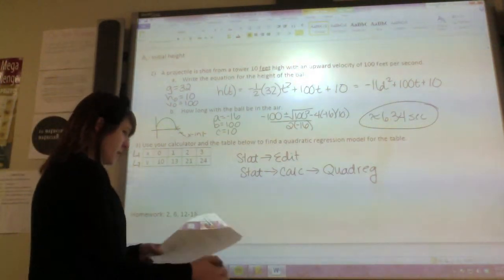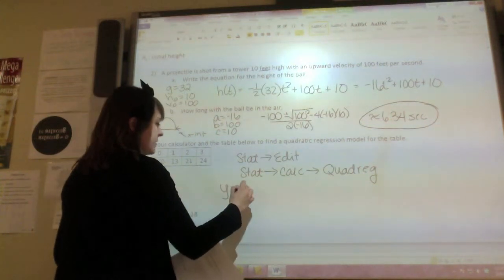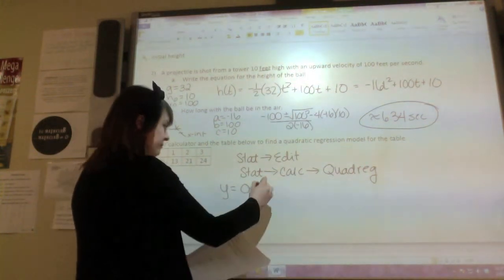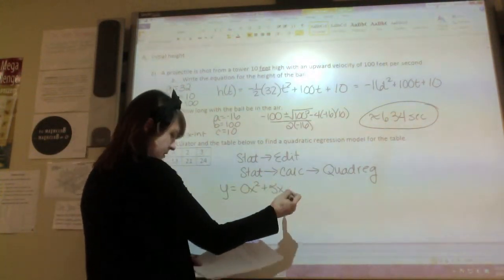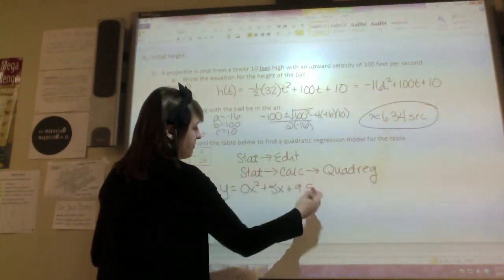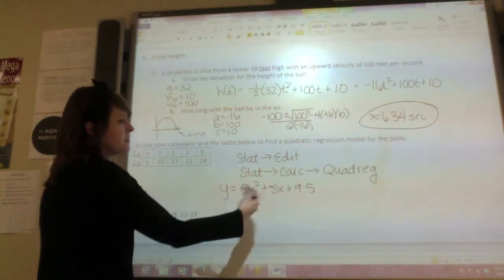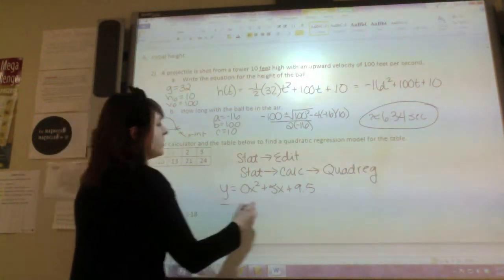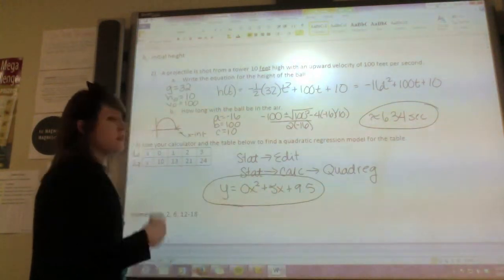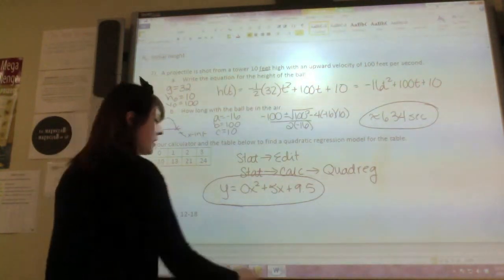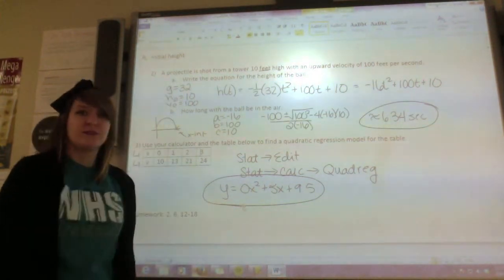Now what you should get is y equals 0x squared plus 5x plus 9.5. So you'll notice that this is actually not even a quadratic, this is just a linear equation. But this is how you find your quadratic model. Okay, that's everything for section 6.